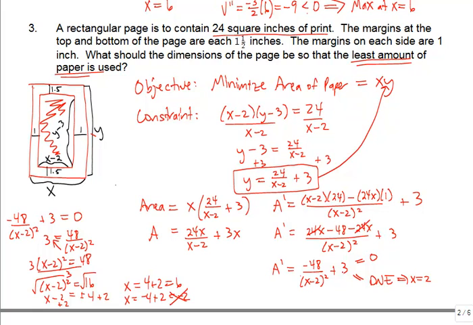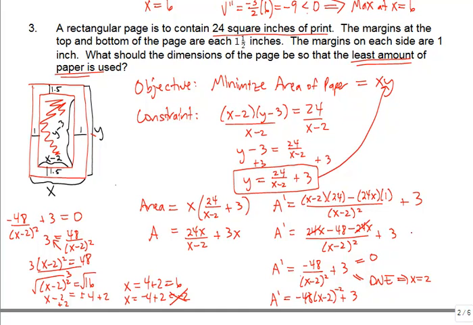Now the derivative of that, the 3 is going to go to 0, but to find the derivative of this first piece, it might help me to rewrite that as negative 48, and then I'm going to move that (x minus 2) up and make it become a negative 2 power. That's just going to help me take that derivative a lot easier.